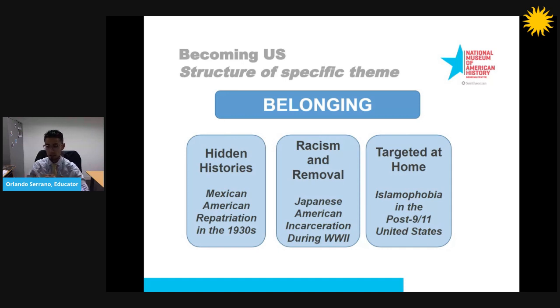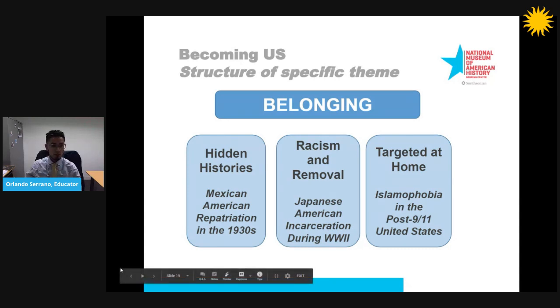In this case, we have Targeted at Home: Islamophobia in post-9/11 United States. So again, in this particular theme of belonging, we wanted to think about, in times of crisis, how our lines move around the community that we call the United States. Who gets to belong? And again, especially during times of crisis, how does that really constrict or expand?